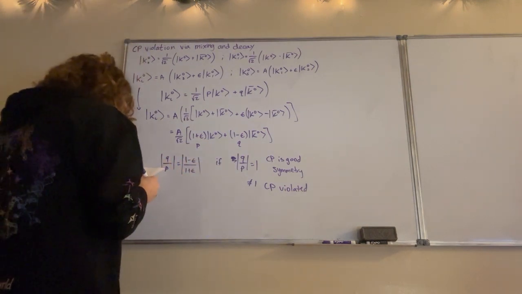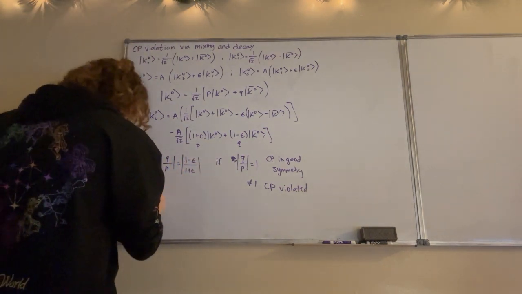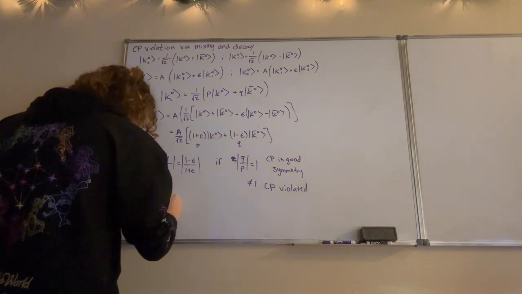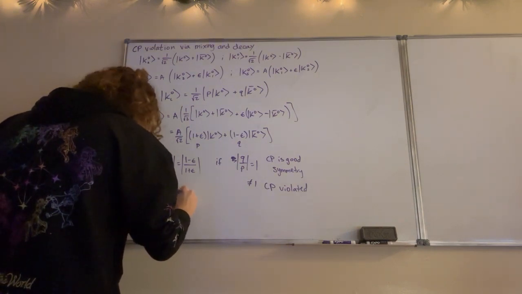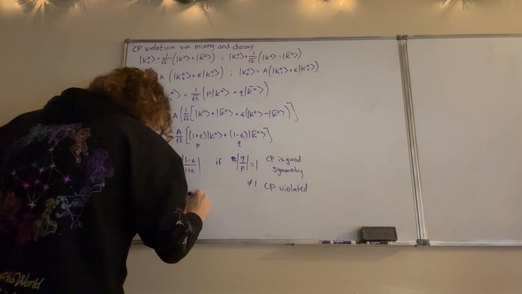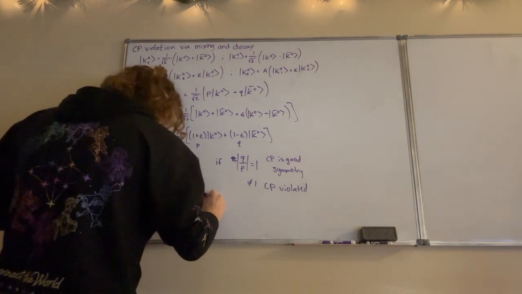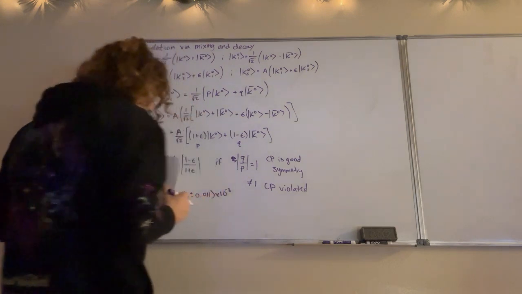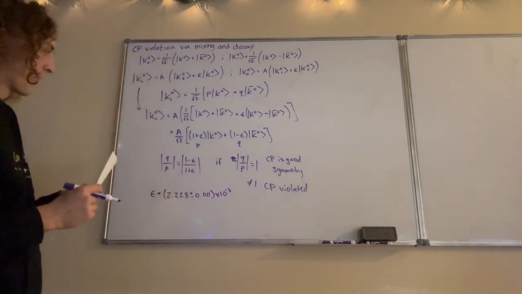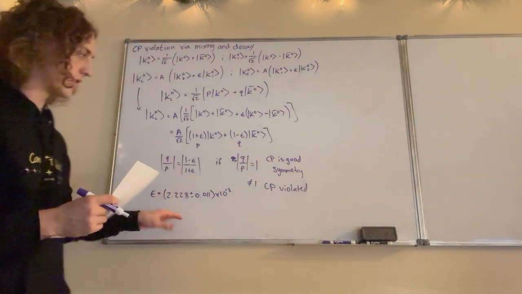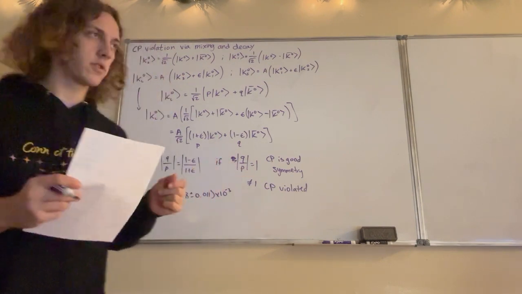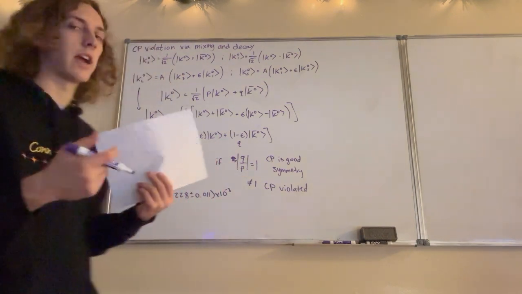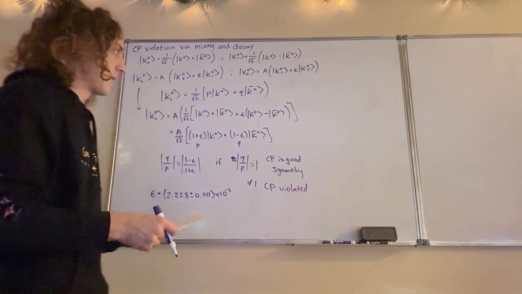We find that epsilon is 2.228 plus or minus 0.011 times 10 to the third. That would be 10 to the minus third, of course. So it's quite a small value, but that is basically a measure of indirect CP violation. That's violation through something called kaon oscillation, or through mixing, right?